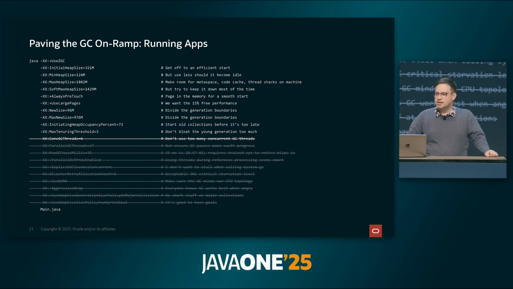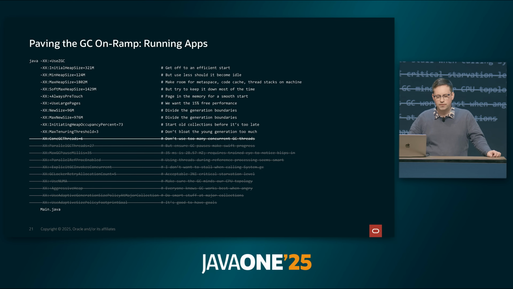So because of this, you don't really have to specify how many GC threads to use, let alone how many for each generation. And in fact, it even adapts while you're running. So it might be that you start off with a rather low allocation rate. We start doing GC with a set of threads. And if there's a burst in the workload, we dynamically adapt to the new situation and start using more threads.